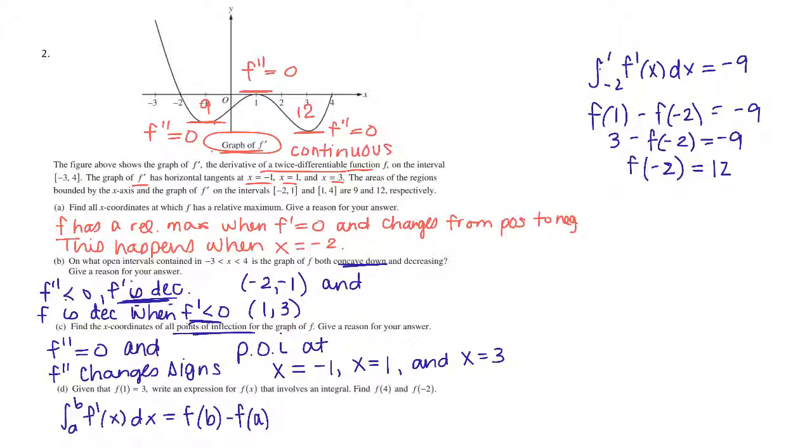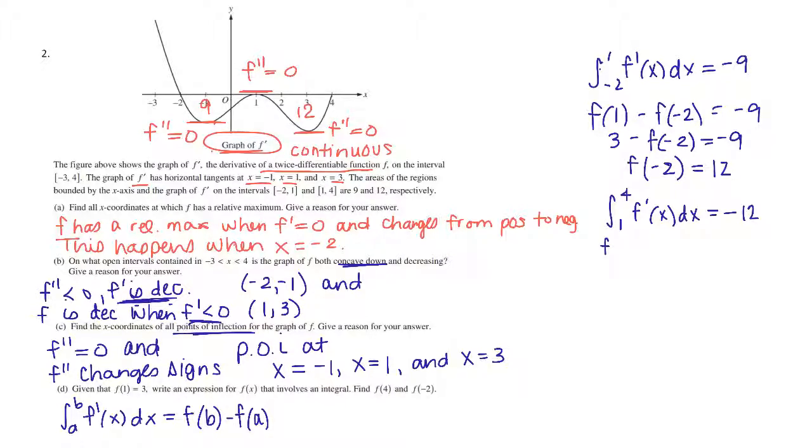So when I go to set this up, I'm going to integrate from what to what? Okay, so 1 to 4, right? F prime of x dx. What do I know that is equal to? What's one thing it's equal to? -12, right? It's under the x-axis. But we also know if we integrate the derivative, that's just going to give us back our function and evaluate that at our endpoints.